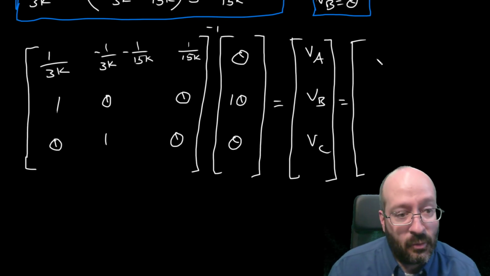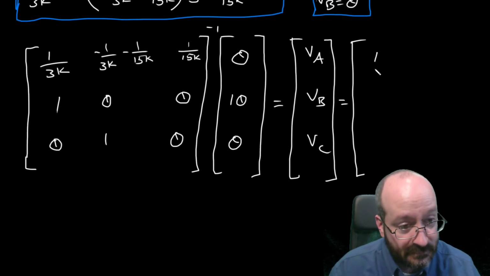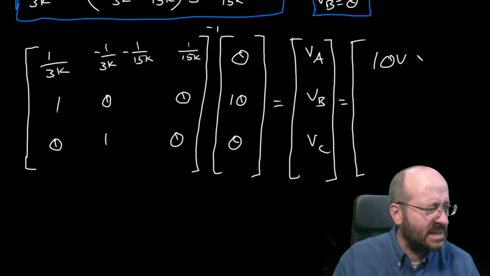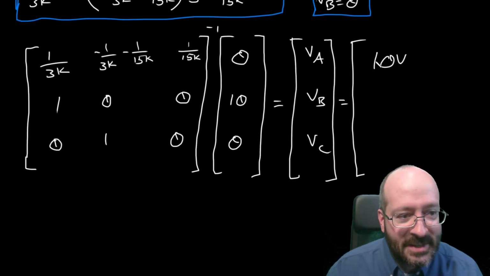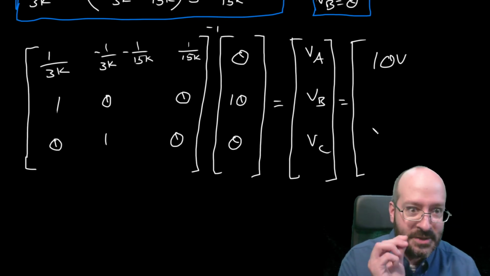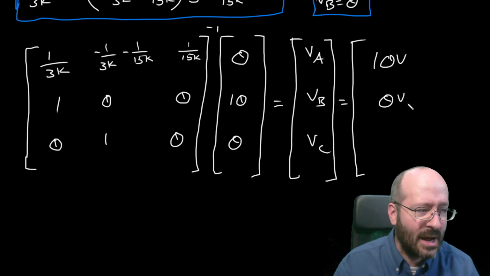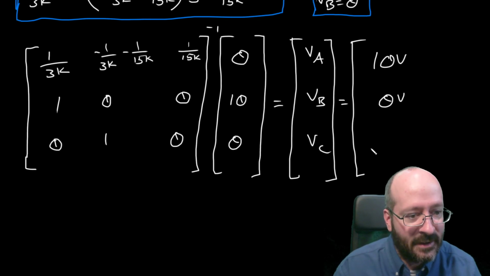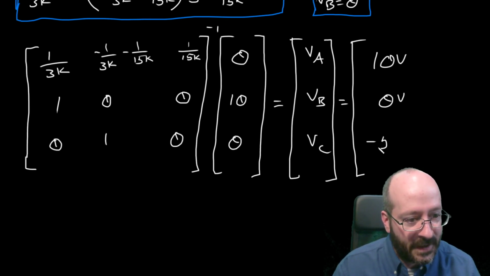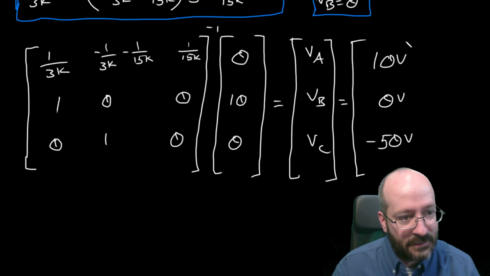And out of that, we get, well, 10 volts. Oh, shoot, I could have done this in my head. We get 10 volts. Well, it better be, right? We have an equation explicitly stating that. And 0 volts, same comment. We have an equation explicitly stating that. But out of VC, we do find that we have negative 50 volts.